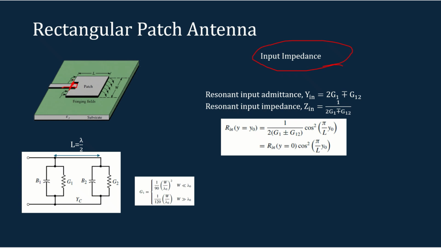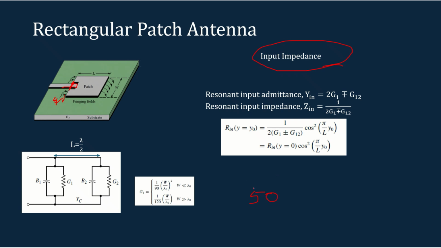We have seen earlier that these are like open slots where the radiation happens. As these are like open slots, the impedance at these positions will be very high. But if we want to connect this antenna to a coaxial cable or anything, we know that a coaxial cable has an impedance of 50 ohm.